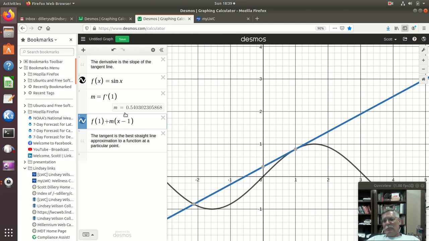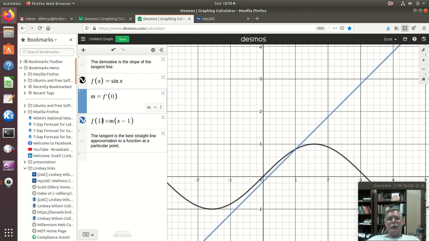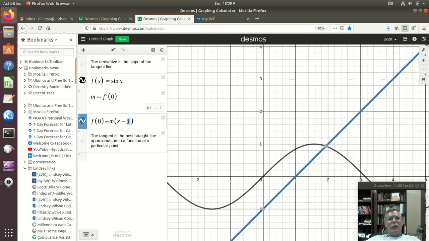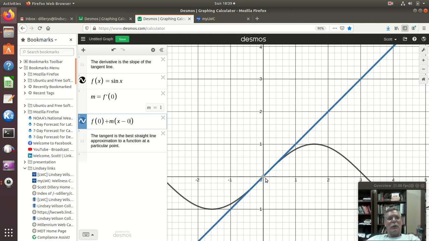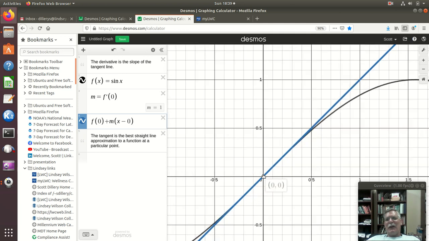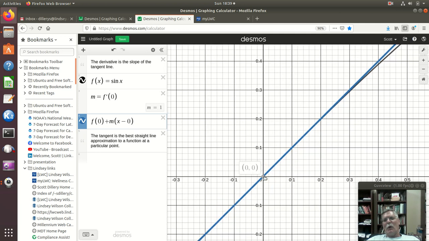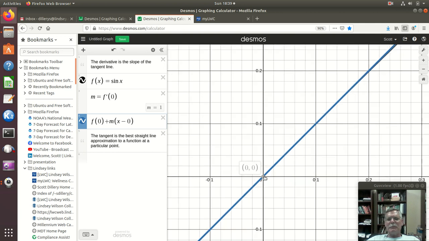And so, for instance, now let me change this to 0 and 0 and 0. And there we have that tangent line at 0. And that's actually, if you look at it, you see it's just the y equal x line. And so it turns out for really, really small angles, now how small?